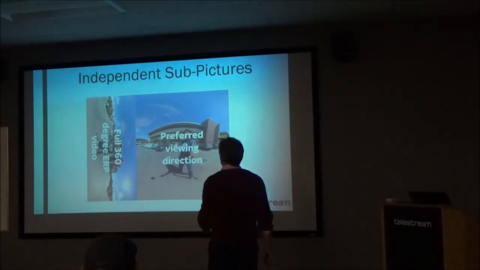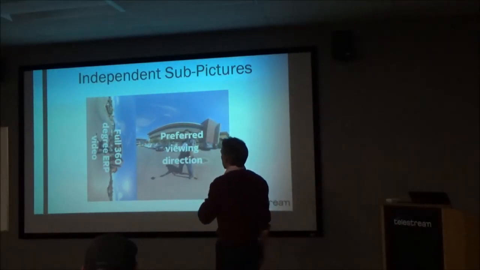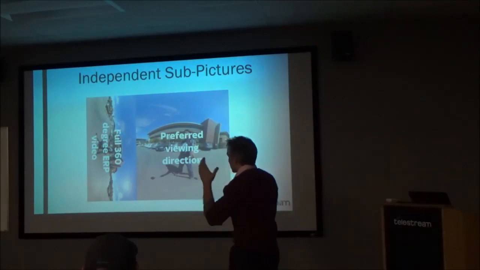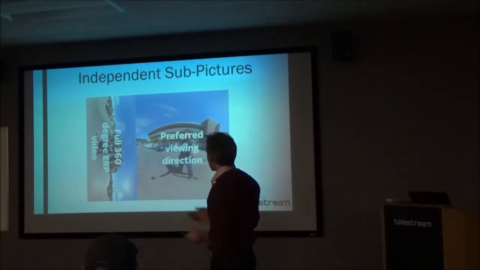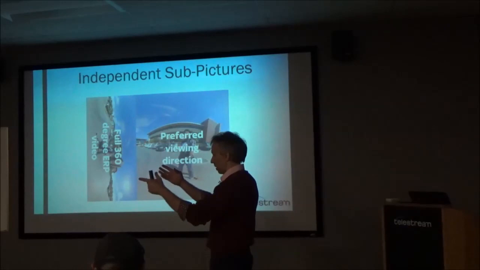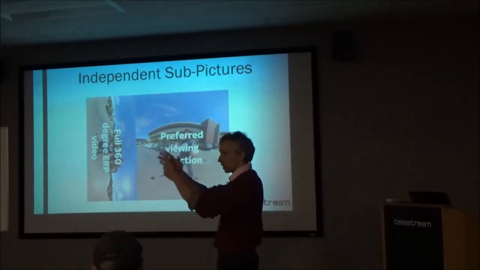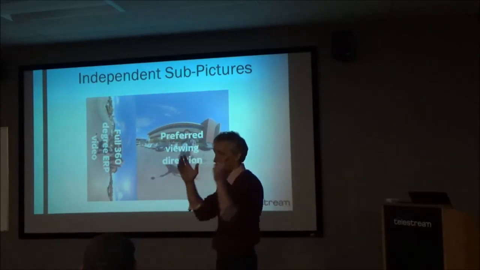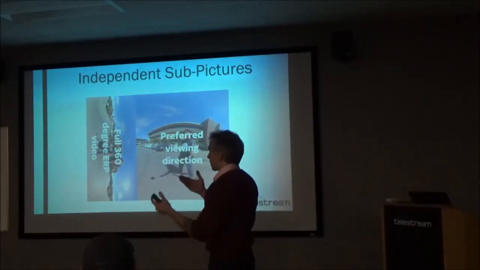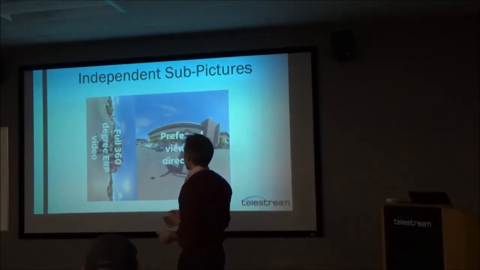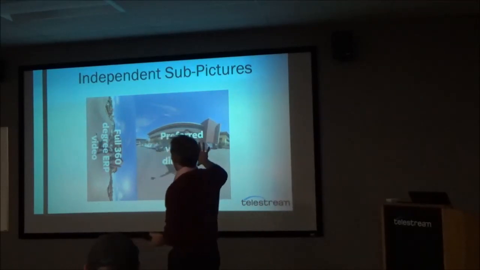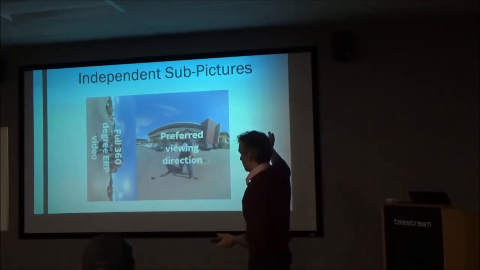And then the last one, independent subpictures. So this is an example where maybe it's a set of VR goggles, and you've got a preferred viewing direction, but then you've got the 360 for when you look around. But the resolution in the preferred direction is better than the looking around resolution. But you want them to be synchronized. So what they have here is you effectively send a picture that looks like this down the stream or in the file.